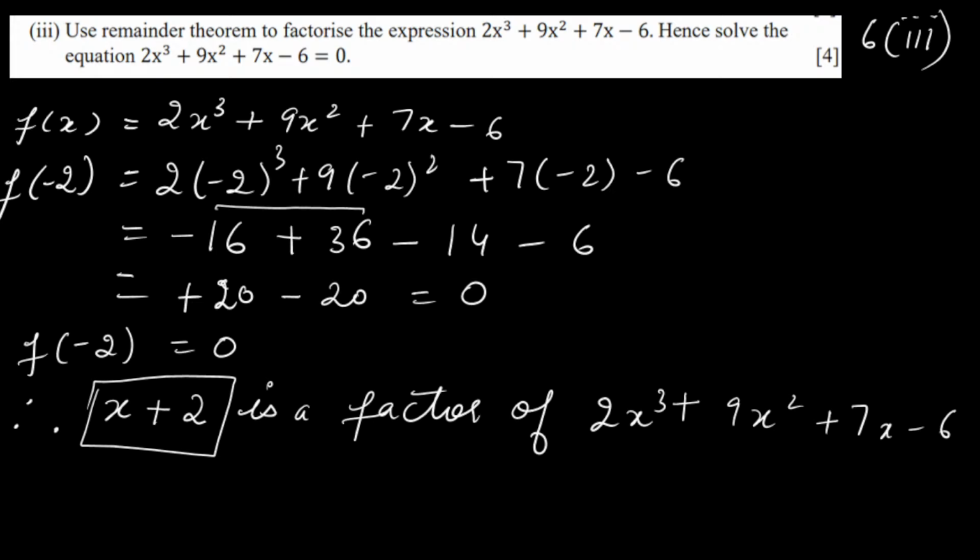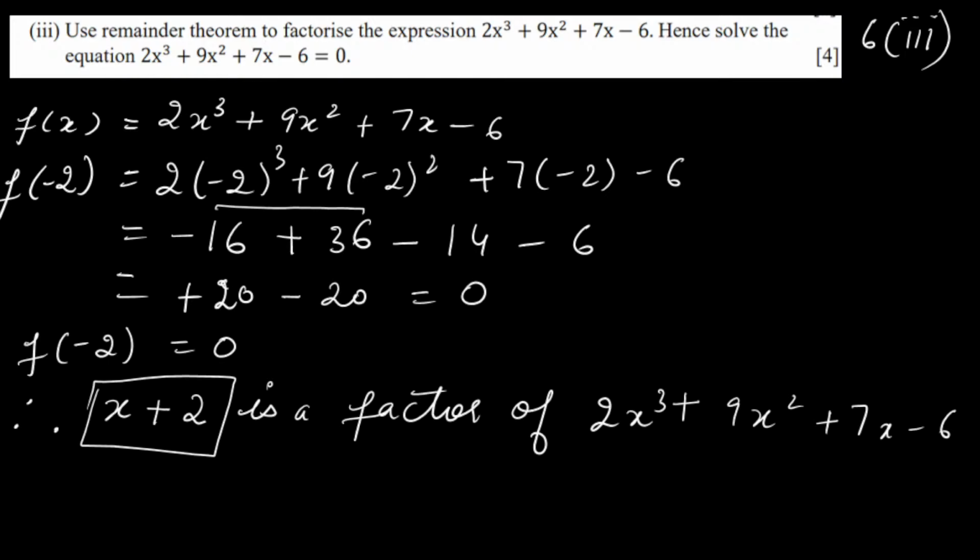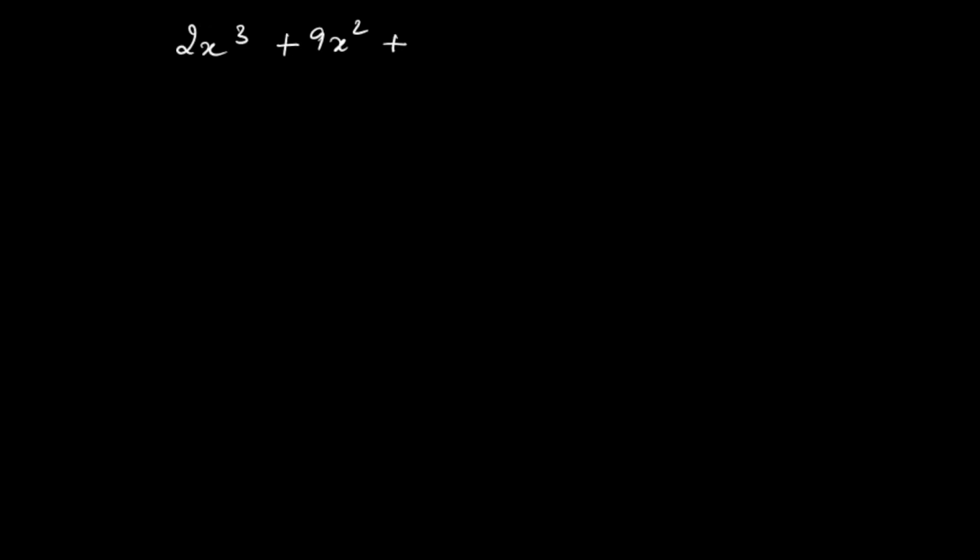So how to find the remaining 2 factors of 2x cube plus 9x square plus 7x minus 6?